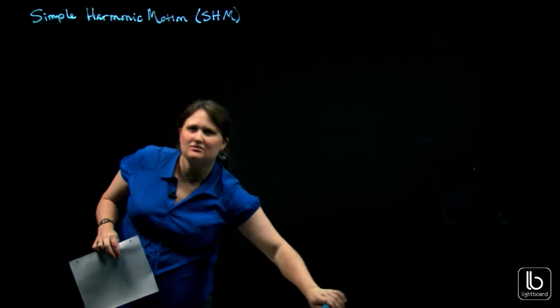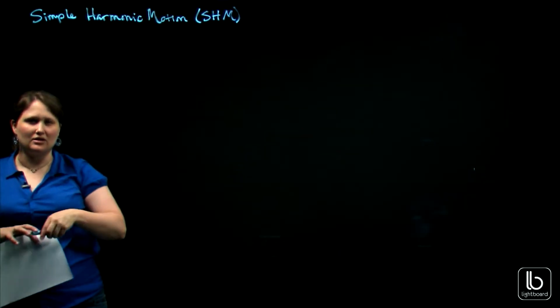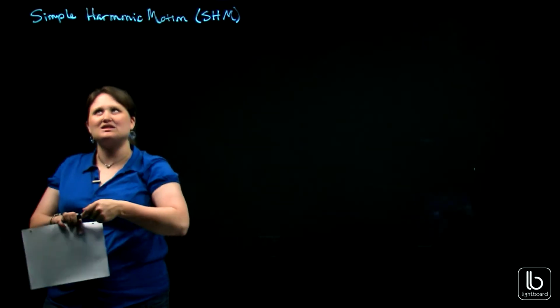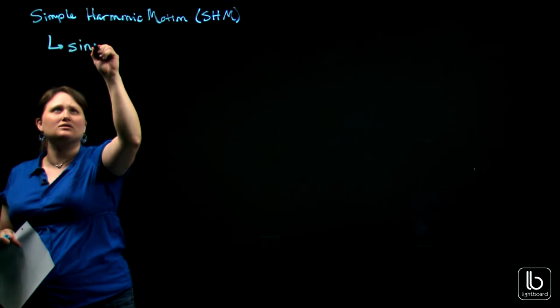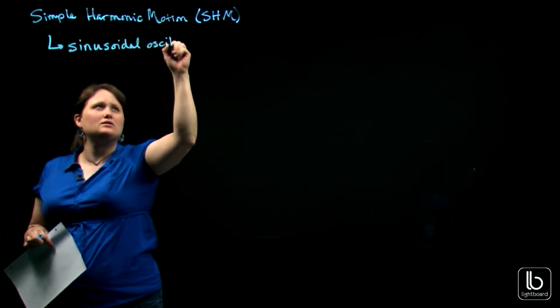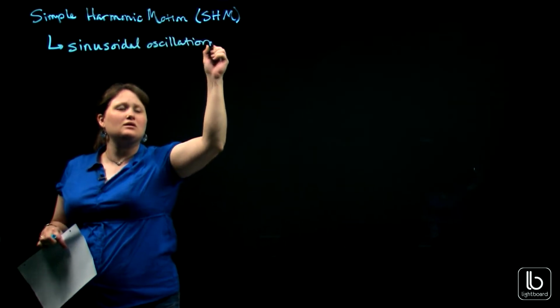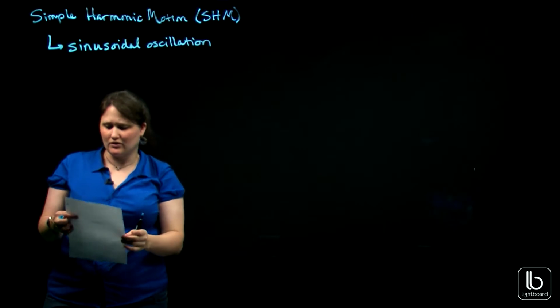But the idea behind simple harmonic motion is that not only is it periodic, but it is smooth. It's a sinusoidal oscillation. In other words, it's one that can be represented by a sine wave or a cosine wave.